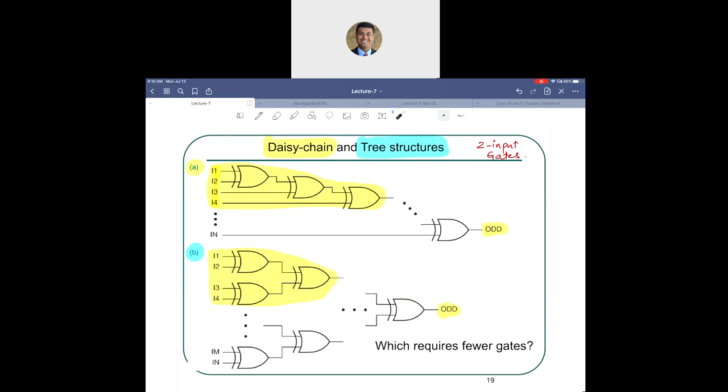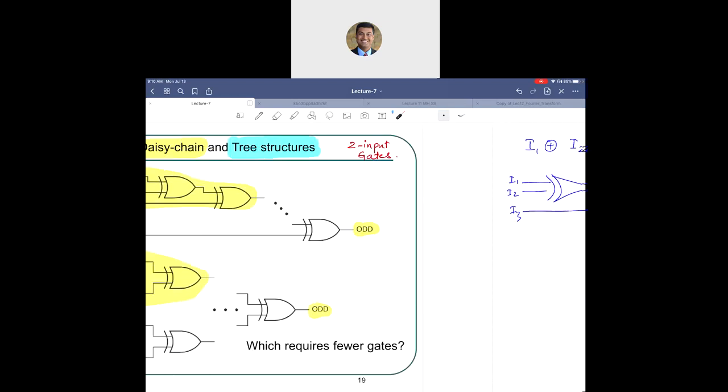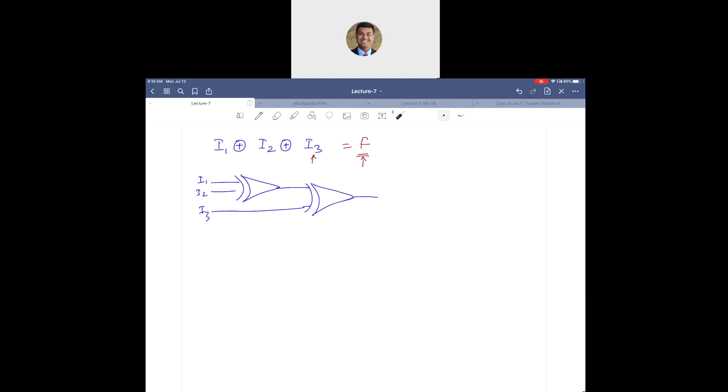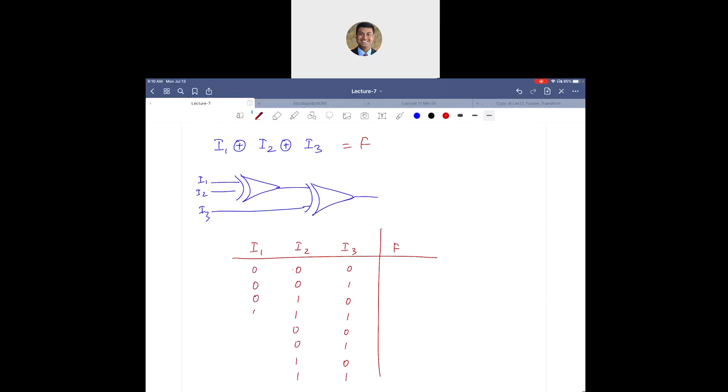Now, the output of this, I've called that odd. Why did I call that odd? In order to explain that, I'm going to need an example. This is my example: I1 exclusive OR I2 exclusive OR I3. So let's see, I have I1, I2, I3, F. 0, 1, 0, 1, 0, 1, 0, 1, 0, 0, 1, 1, 0, 0, 1, 1. 4 zeros and 4 ones.